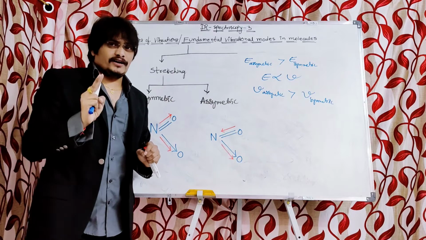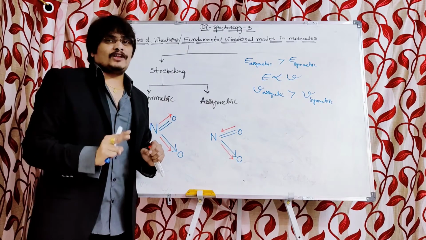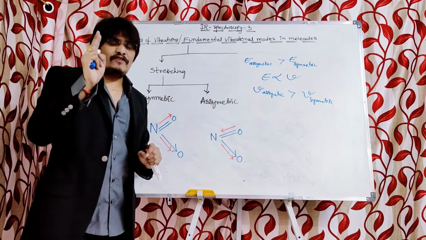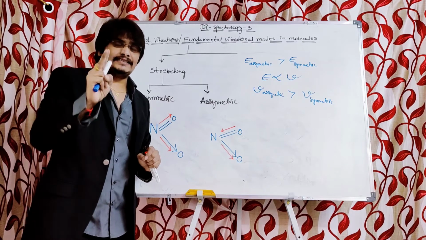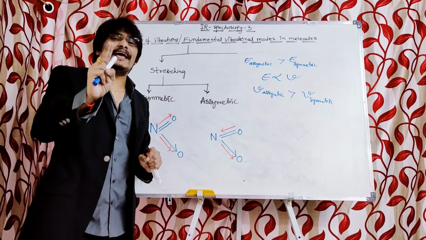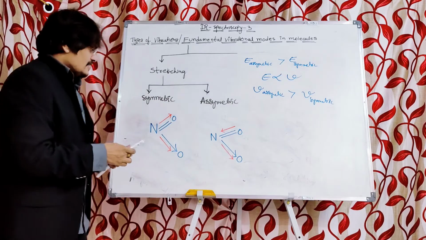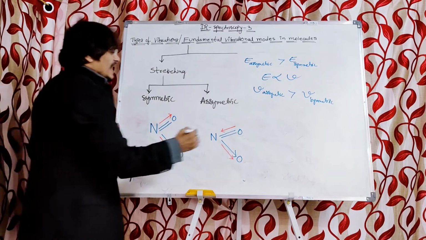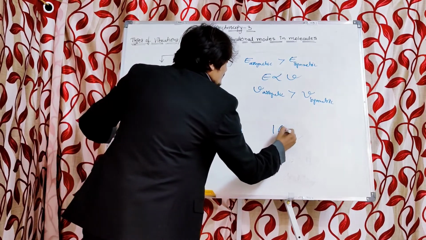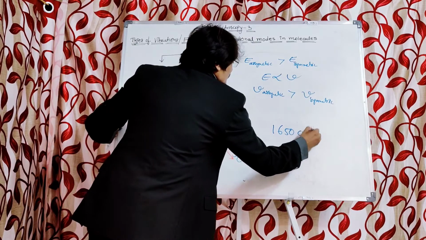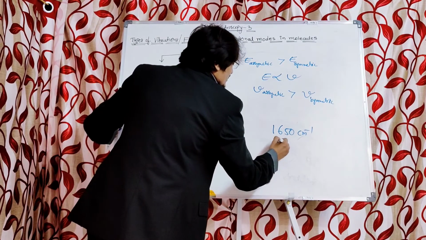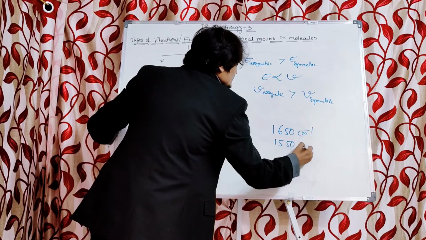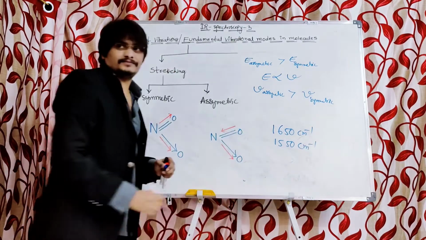Now, for the nitro group, I got two wave number values in the IR spectrum. I got one value as 1650 centimeter inverse and another value as 1550 centimeter inverse.